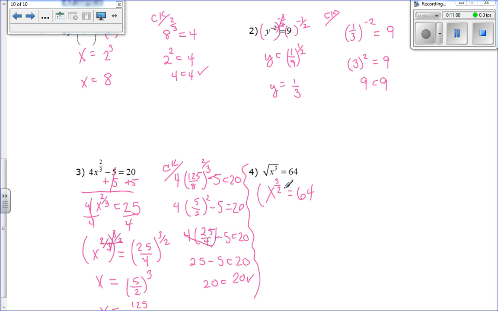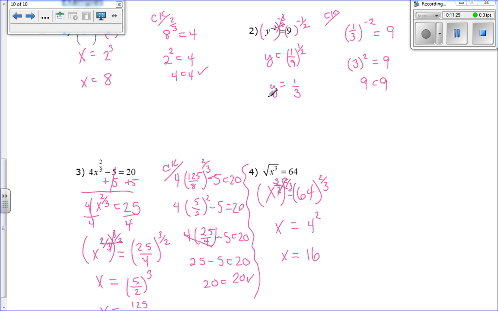Since x is alone, we raise to the reciprocal power, which is 2/3. Those will cancel out. And we're left with x equals, well, the cube root of 64 is 4, squared. So 4 squared is 16.